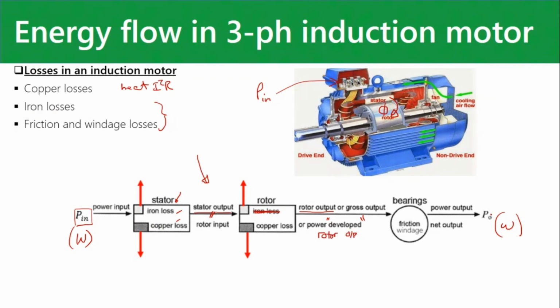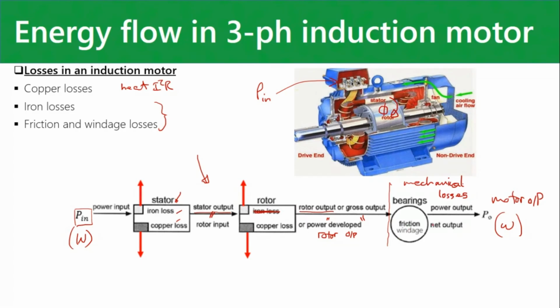Here's the motor output power. The rotor develops that amount of power, but then we have to also subtract mechanical losses. So that's your friction, bearing friction, wind friction, air friction on the fan, for instance.